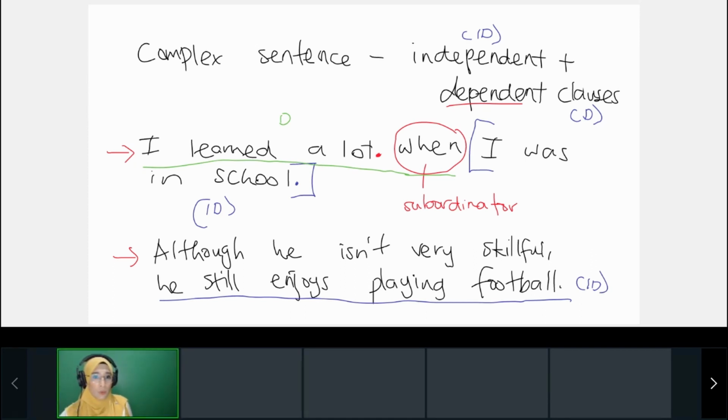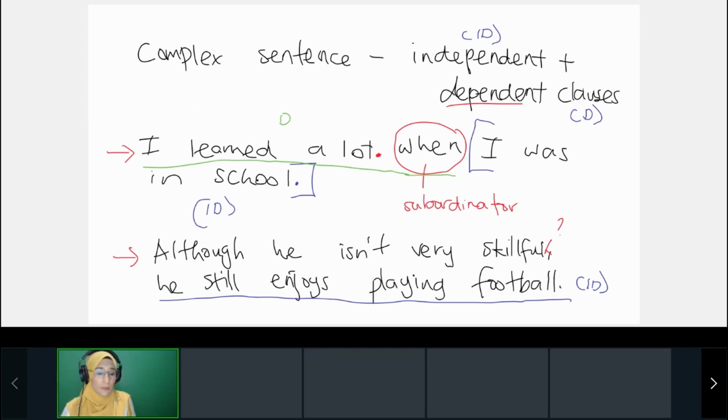But with this one here, although he isn't very skillful, you need an addition, right? It needs an addition of a sentence or a phrase or a clause in this case. It's missing.